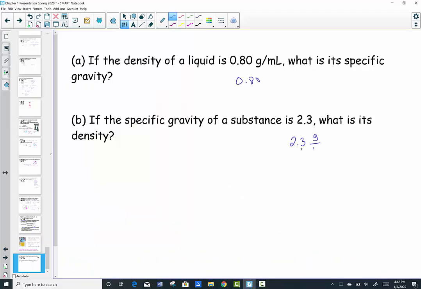Since this was grams per mil, we'll report that as grams per mil. We just need a mass over volume. The density of water is 1 gram over 1 milliliter. If I divide 2.3 grams per mil over 1 gram per mil, we come up with a specific gravity of 2.3. So the exact same number with no units for specific gravity.